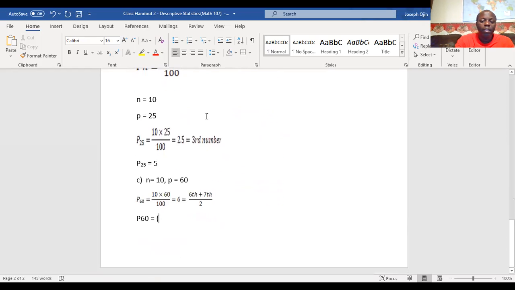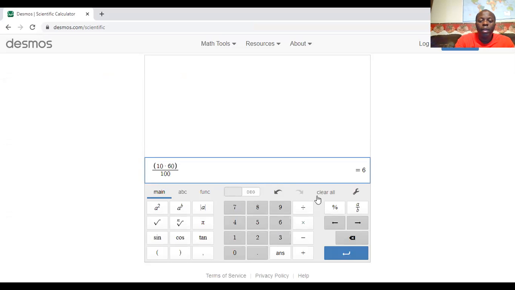So 10 plus 12, divided by 2. We can get this from decimals. 10 plus 12 divided by 2, and that will give us our percentile.